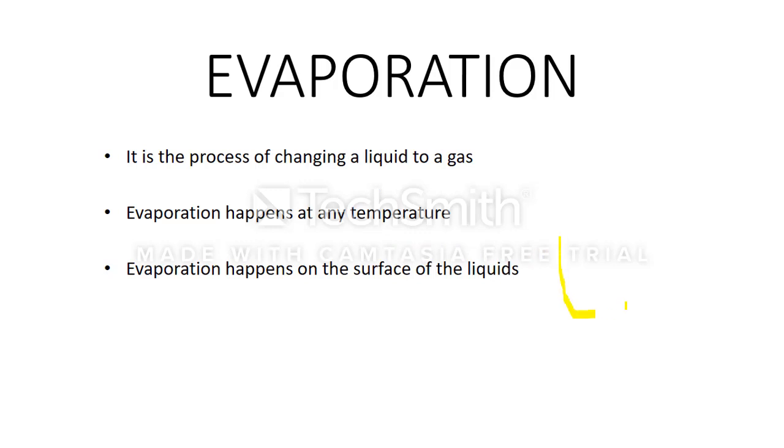Let's say this is the container and you have liquid inside, and let's say this is the surface. Evaporation will only happen here on the surface. It will not happen at the bottom. No, that will not happen. Evaporation happens on the surface of the liquid.